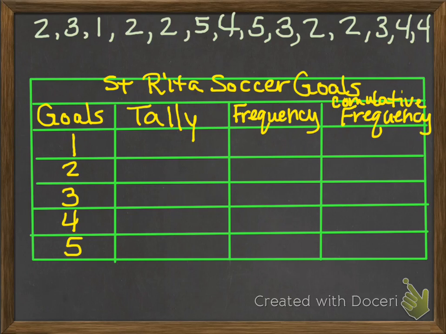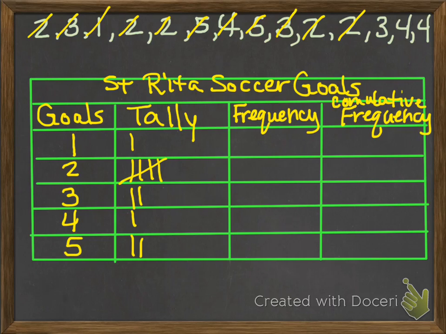Now I'm going to start taking my tally. I like to cross out my scores as I take my tally. That way I know that I've used them. So I'm going to cross out 2, put a tally mark. 3, tally. 1, 2, 2, 5, 4, 5, 3, 2, 2.